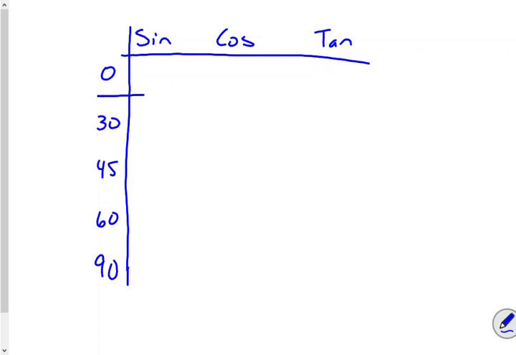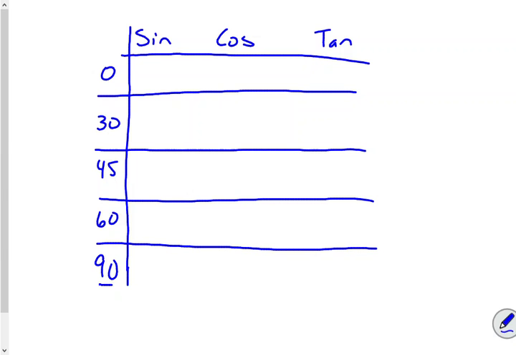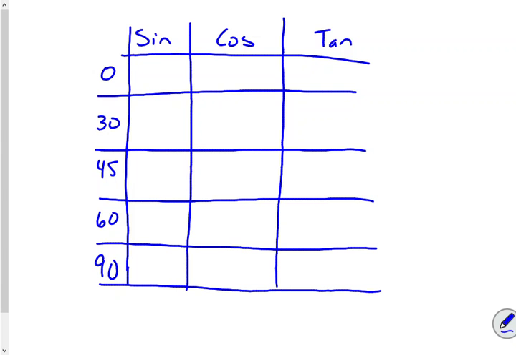Now we actually are going to talk a little bit about 0 degrees and 90 degrees, even though those values actually will not make a right triangle. They do sort of start to make the pattern, which we'll look at when we look at the unit circle in future videos.